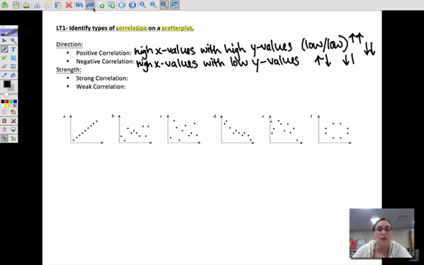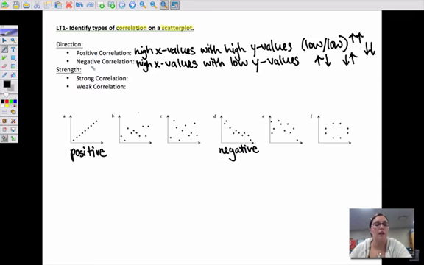So that means this is a positive correlation. Same thing with D. When I have a low value on the x-axis, I have a higher value on the y, and when my x gets high, my y is lower. As the x increases, the y value decreases. So that has a negative direction.